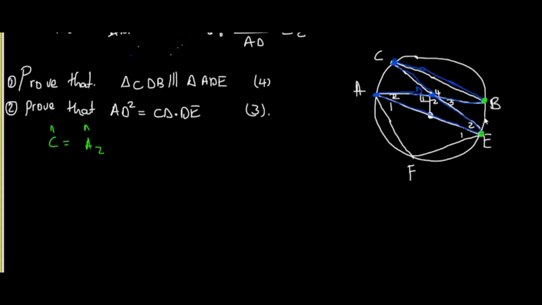If we look at the arc, the angle that is opposite to that arc is A2, and the other angle that is opposite to that arc is angle C. So you can see that angles subtended by the same arc will be equal. Now, can someone tell us the other angles that are equal? The other angle that is equal is angle E2 and angle B, also angles in the same segment. Exactly. Angles in same segment. And then the other one, it will be angle B.